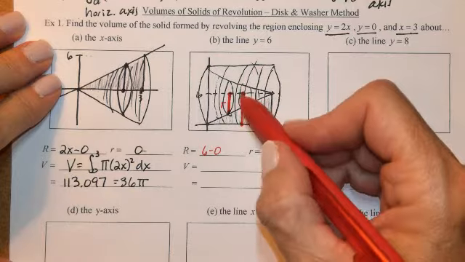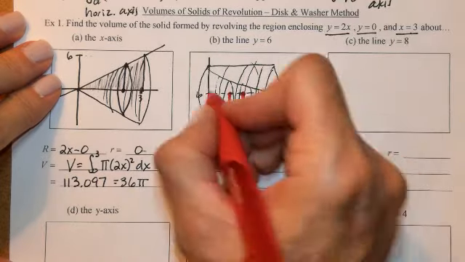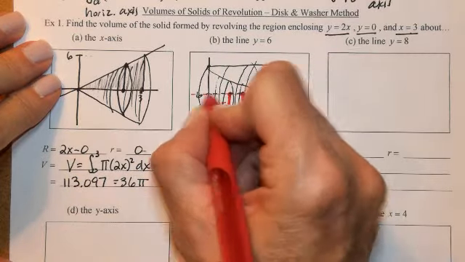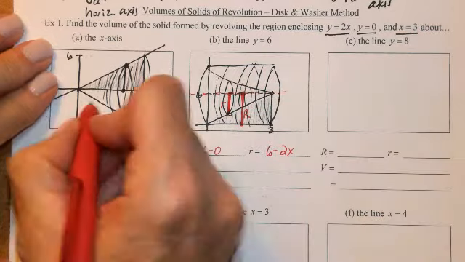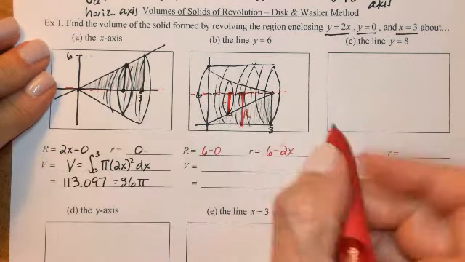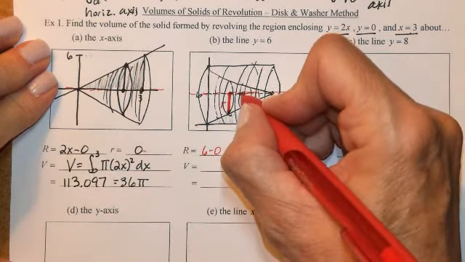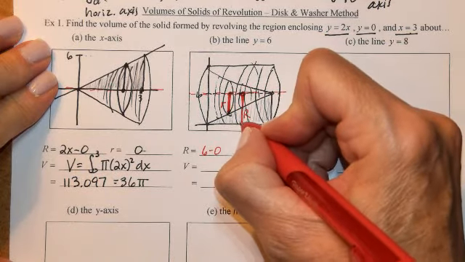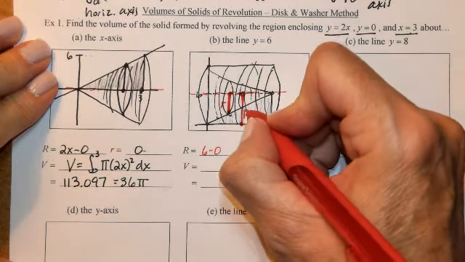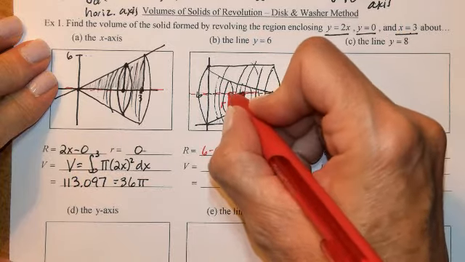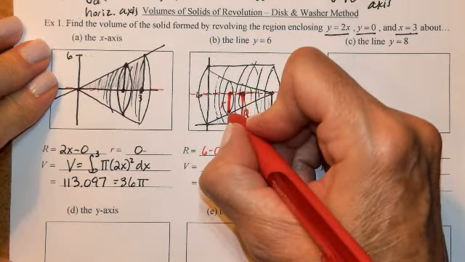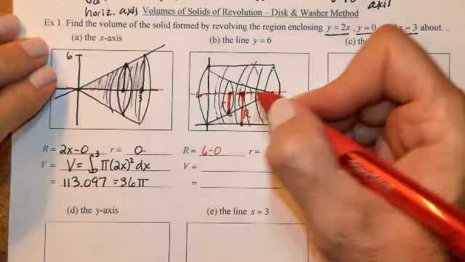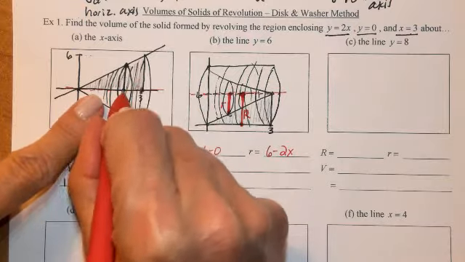So when you're finding your big R and your little r, you're always going to think about your axis of revolution. You're always going to be going from your axis of revolution to the far side of your region to get your big R. From your axis of revolution to the close side of your region is the little r. If we talked about it like that for our first example, here is our axis of revolution, right?